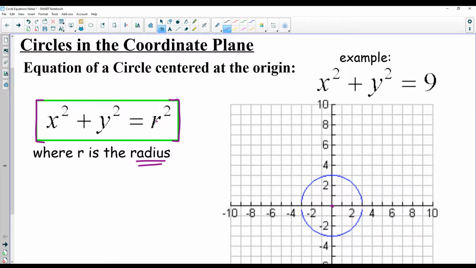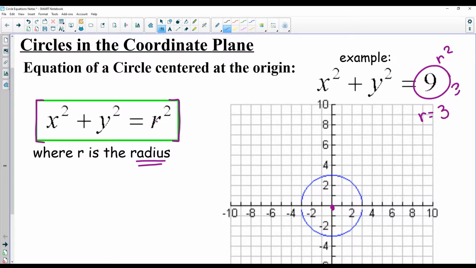Let's take a look at this first example. Our circle has an x squared plus a y squared, so that means it's centered at the origin, and it's equal to r squared. So if we look at this, that 9 is the r squared. That means that r must be 3, okay?